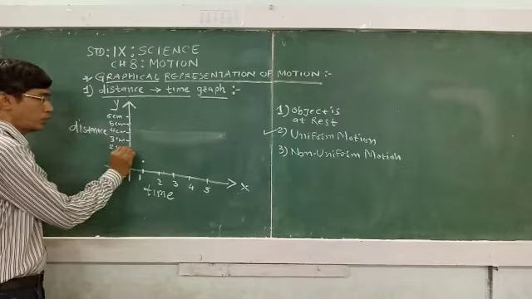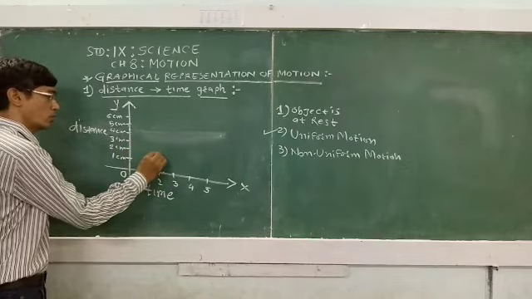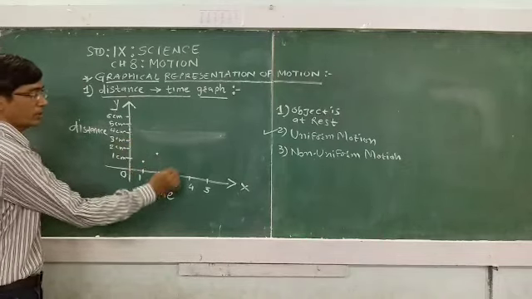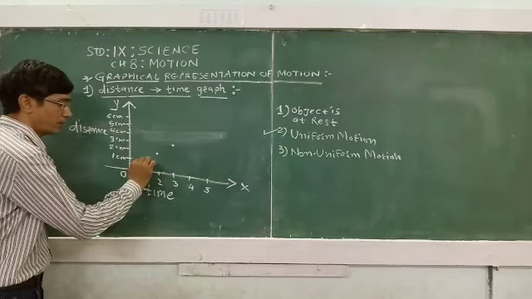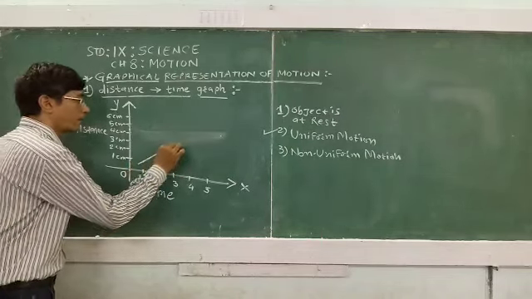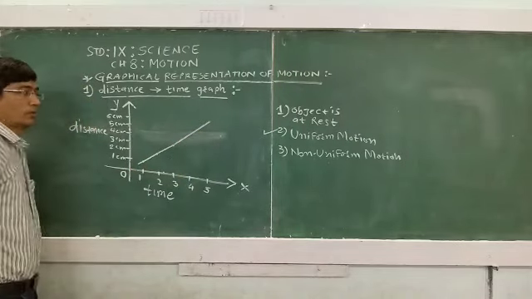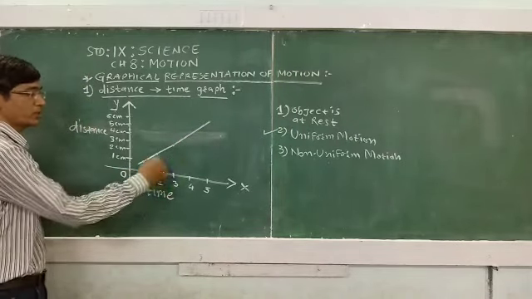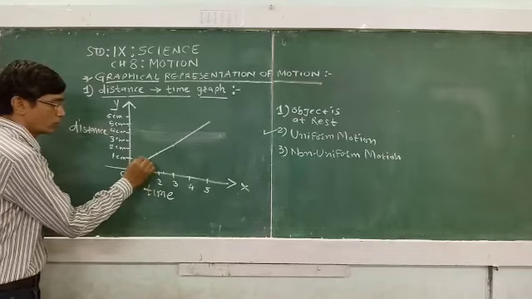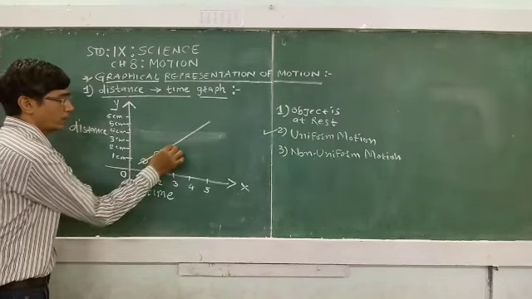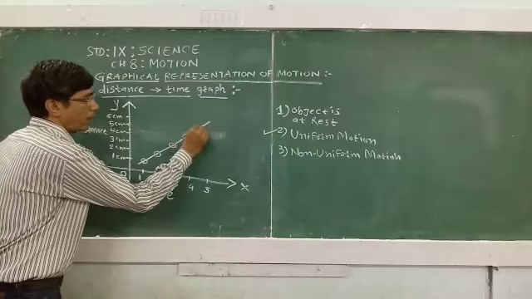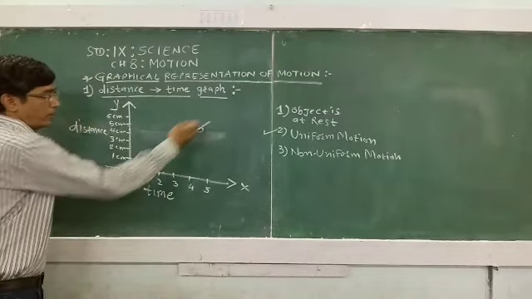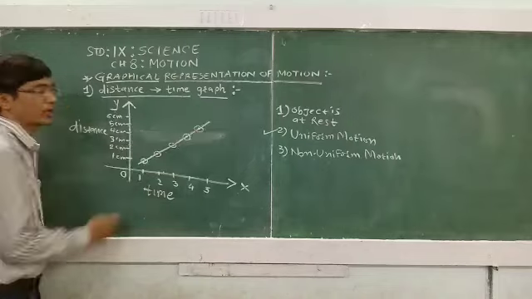At 2 cm, the time is 2 seconds. At 3 cm, the time is 3 seconds. These points, when joined, become a straight line.